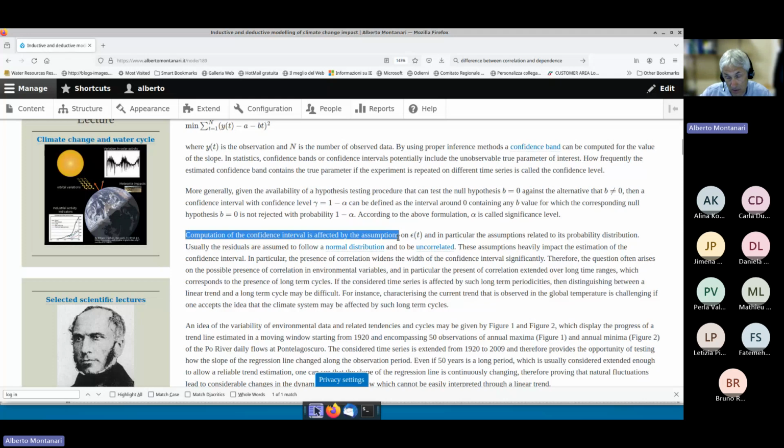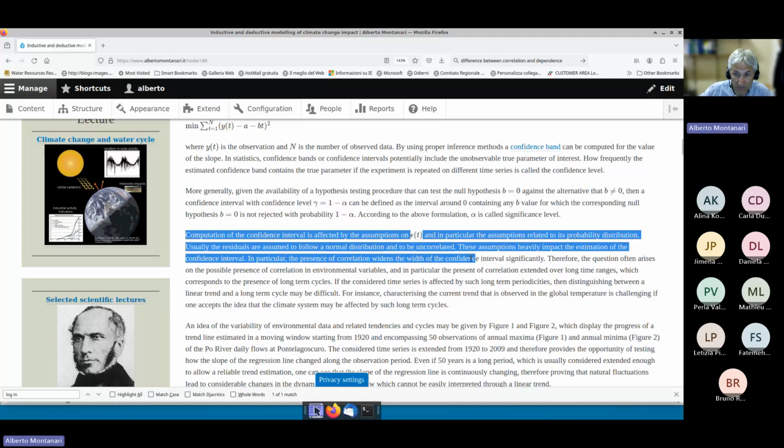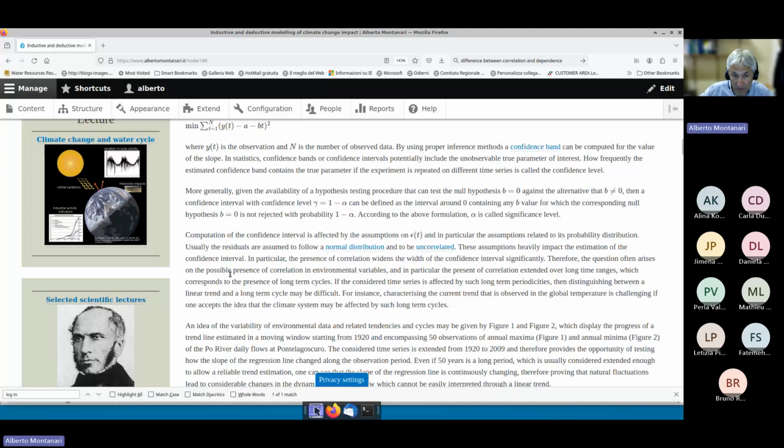These assumptions are made on the simulation error, and in particular, they are related to its probability distribution. In detail, the residuals, the errors, are assumed to follow a normal distribution and to be uncorrelated.